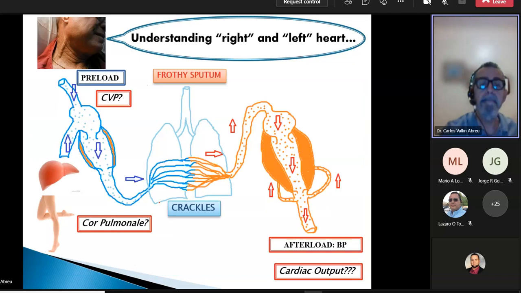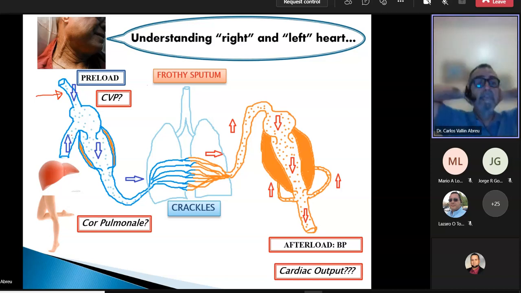What is the meaning of central venous? Veins that are in the center of the body. Which veins are those? The vena cava. The superior and inferior vena cava are in the mediastinum, which is a structure in the center of the body.